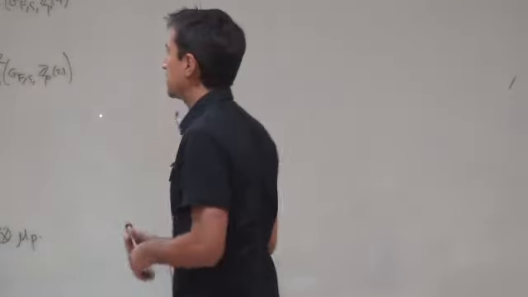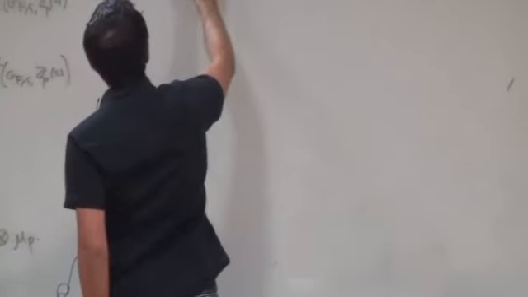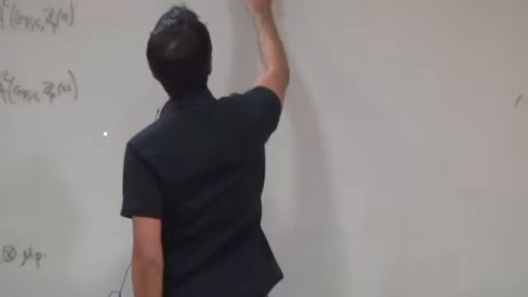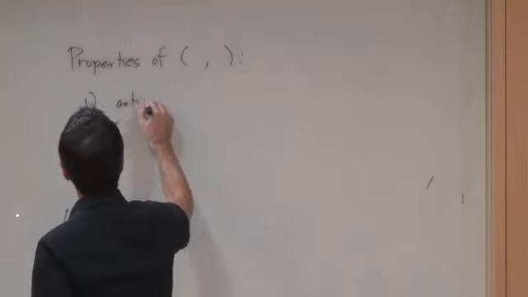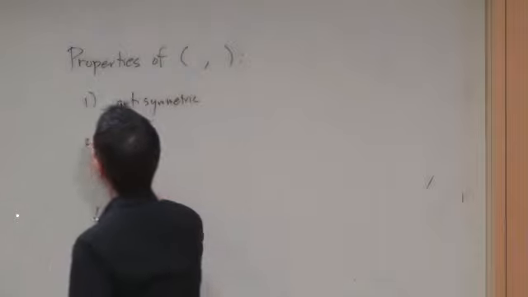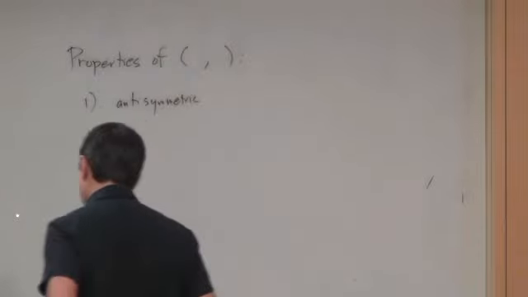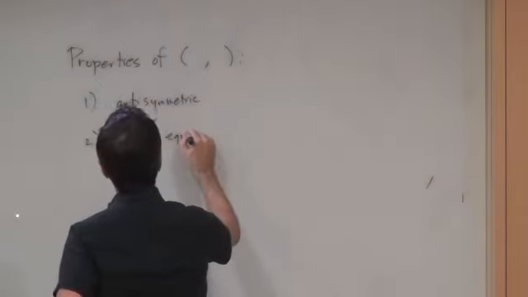So what are the properties of this pairing? One is it's antisymmetric because cup products are antisymmetric. Two is that it's Galois equivariant for the action of delta.